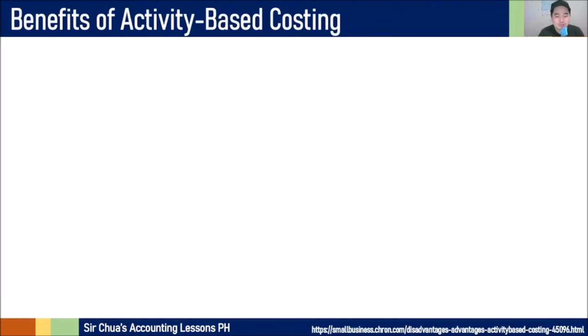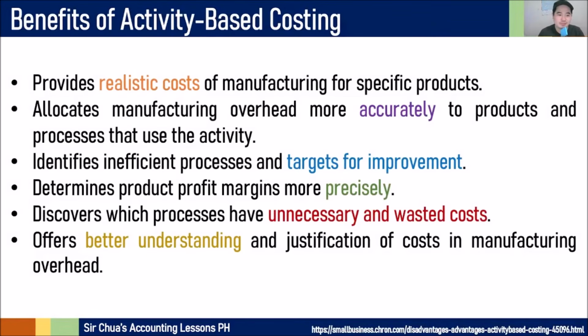Okay. So, these are the benefits of activity-based costing. Because we are very precise with our measurements and we are very precise with the activities that our products go into, it provides realistic cost of manufacturing for specific products. It also allocates your manufacturing overhead more accurately. Hindi sinabing accurate pero more accurately kesa dati.